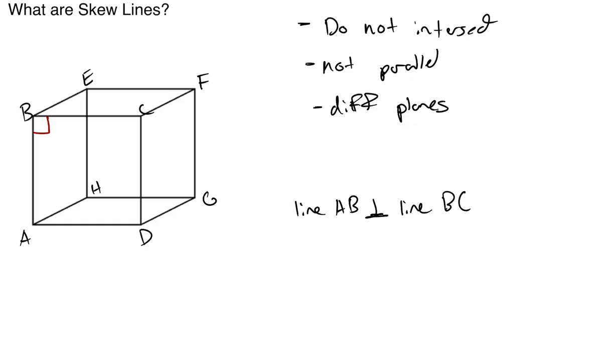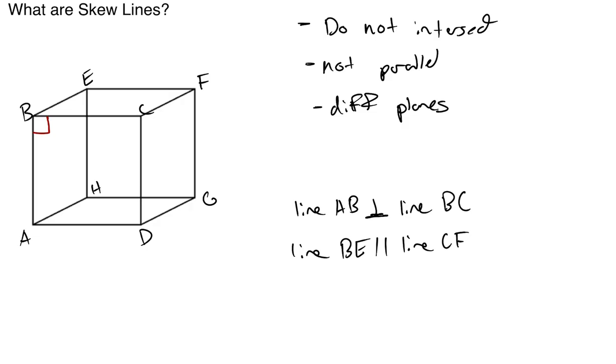And then now, if we look at line BE compared to line CF, which would be over here, BE and CF, they're on the same plane and they never intersect. And they're the same distance apart. So that would mean they're parallel. So now we can write line BE is parallel to line CF.